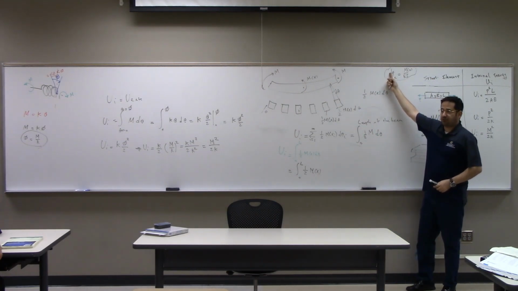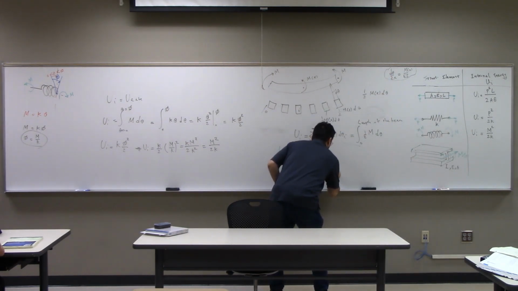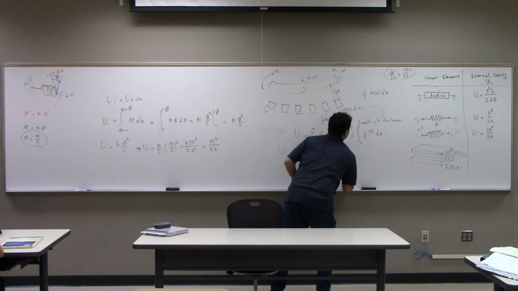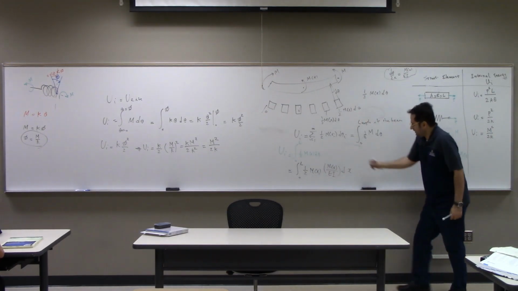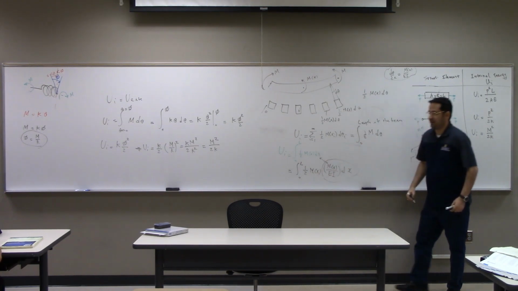So what should I put? M of x over EI dx. That's it. This is d theta.